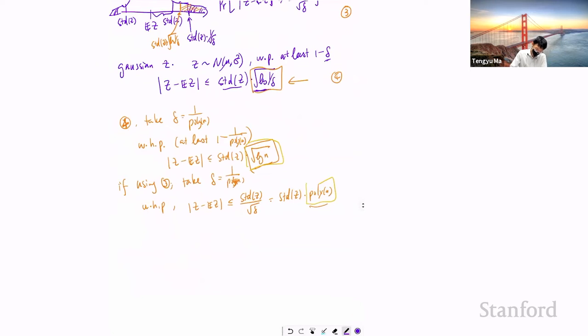And there's a slightly alternative view, and we're going to switch between these two views very often. They are equivalent. The alternative view is that for Gaussian, z minus expectation z being larger than t has probability less than exponential of minus 2t squared over variance of z times n.